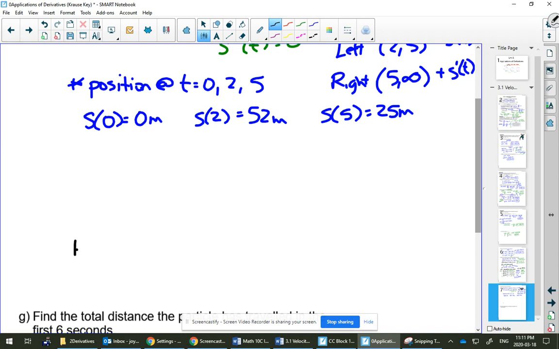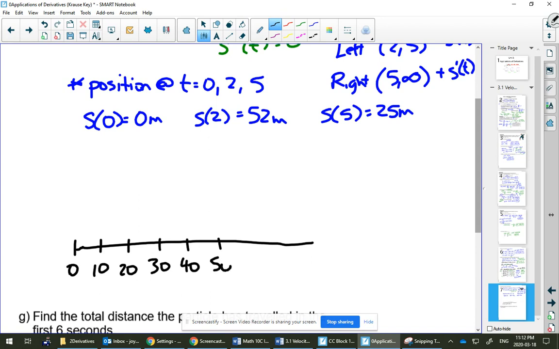So we'll start by drawing out a number line. And then we start plotting our key points. So we know at time equals 0, our position is 0. We know that at time 2 seconds, the position is at 52.